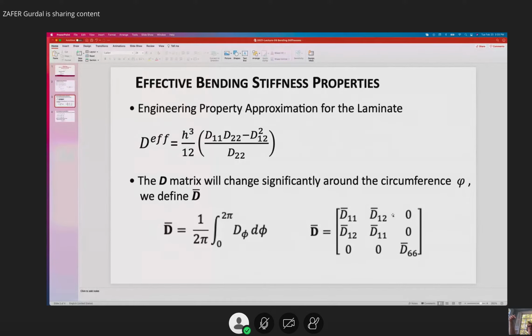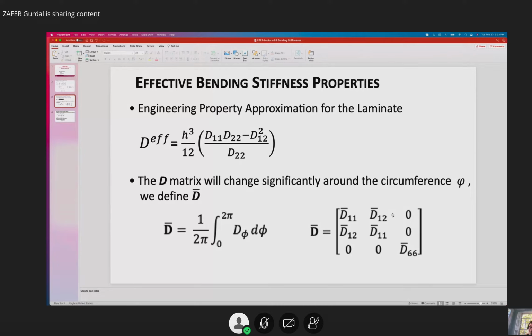So we're dropping the idea of looking from one direction and getting a D value, which is a scalar for that direction, and then doing computations with that. We're taking a more aggregate approach, defining a D bar matrix for the laminate. So for one given laminate, there is one D bar matrix.